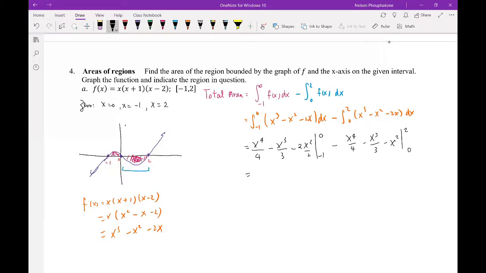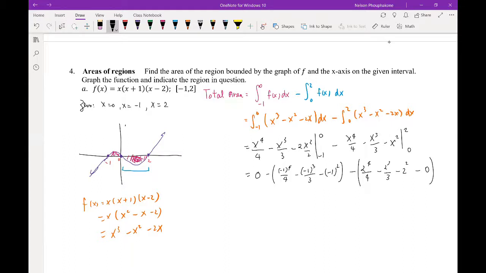I will evaluate at 0, so I will have 0 minus (-1)^4 over 4 minus (-1)^3 over 3 minus (-1)^2, and then minus the whole thing: 2^4 over 4 minus 2^3 over 3 minus 2^2, and then subtract 0.